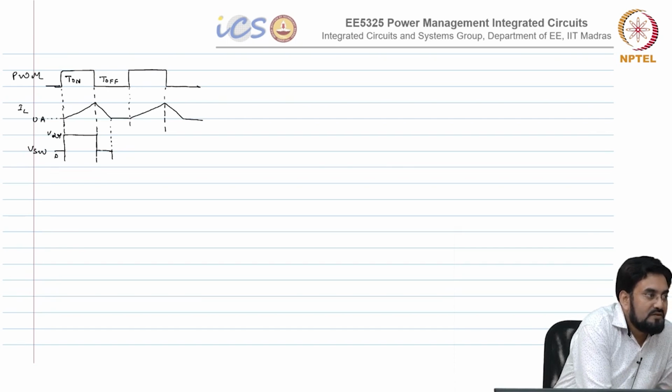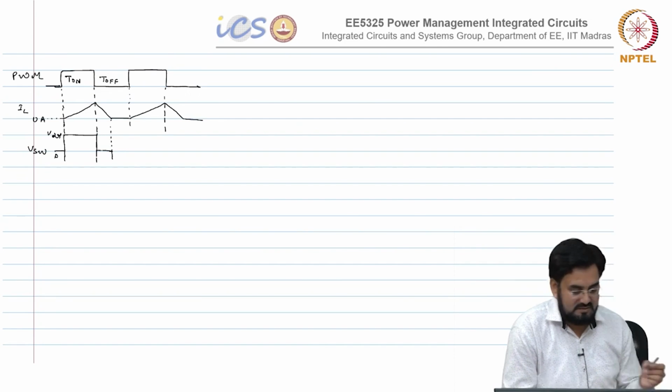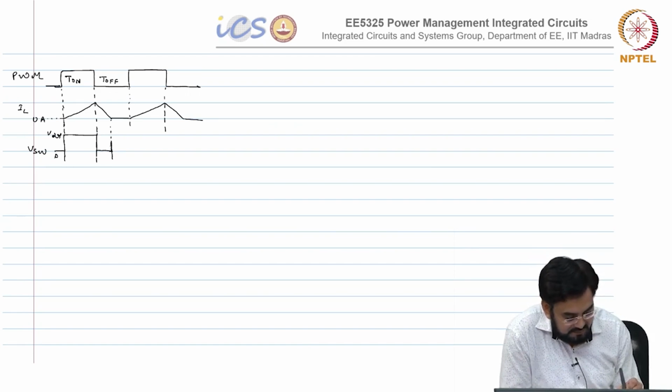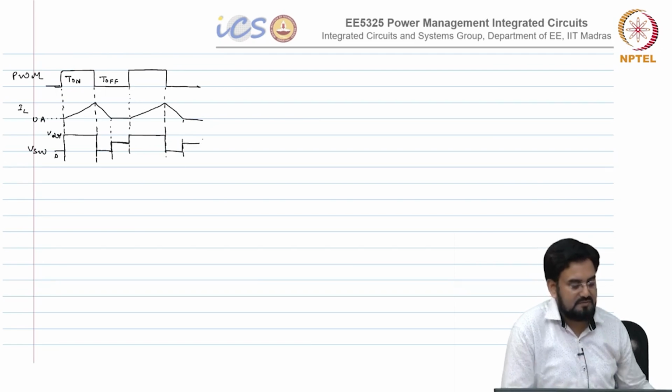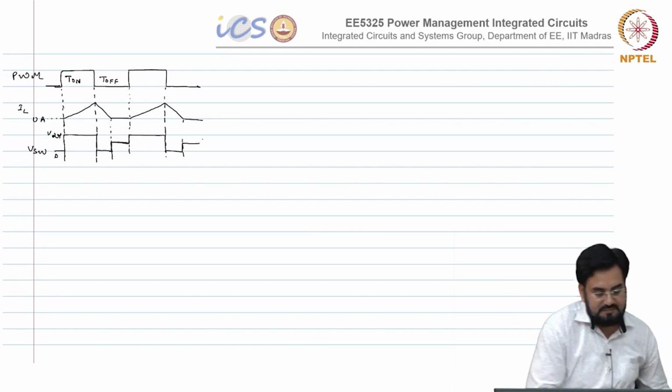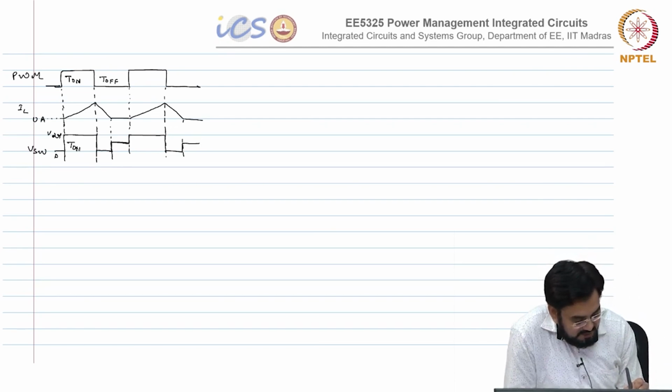Where will it go? V out, because that's a high impedance. That is how the waveform looks like. So, this T on remains T on. If I call this as T off 1 and this as T off 2.